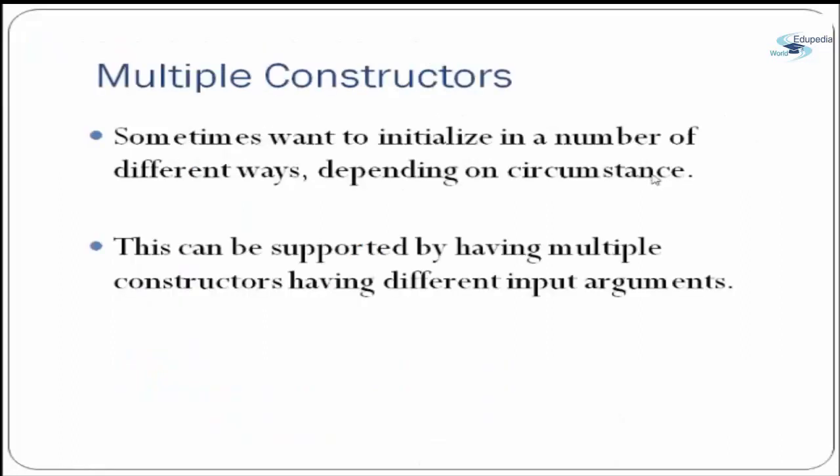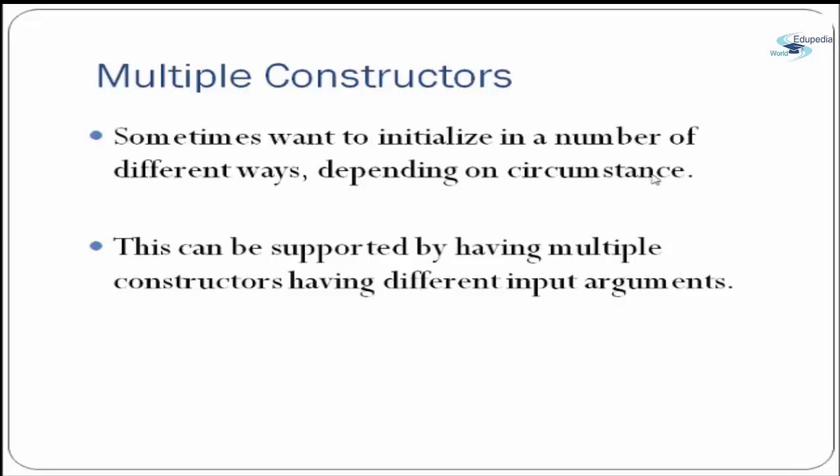Fine. So moving forward to the concept of multiple constructors. Sometimes we want to initialize in a number of different ways depending upon circumstances, and this can be supported by having multiple constructors with different input arguments, as we have seen in the previous example. So it is possible that sometimes we want to create an object without giving an age.